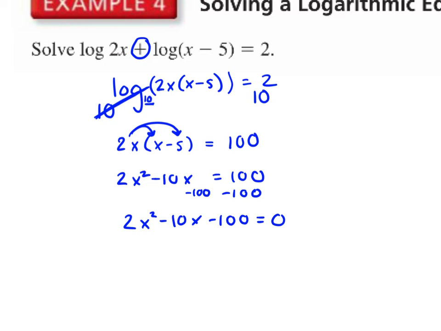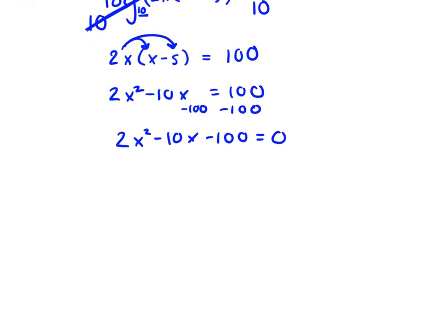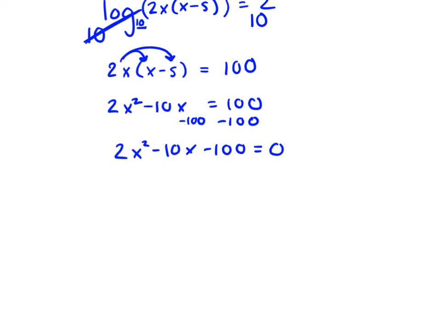What should we do next? We want to factor out a 2. We could just factor this, but since we start with a number that is not 1, we want to divide everything in our equation by that number. So we're dividing everything by 2.